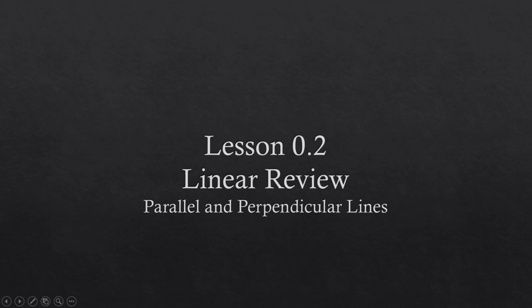All right, so we're going to walk through a couple of proofs today and some examples around parallel and perpendicular lines. Now, most of you guys have probably learned these facts about parallel and perpendicular lines at some point in your math careers, but probably weren't shown why they're true or proofs as to how they actually work.